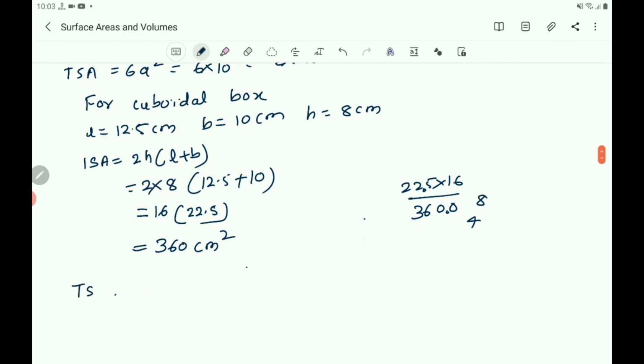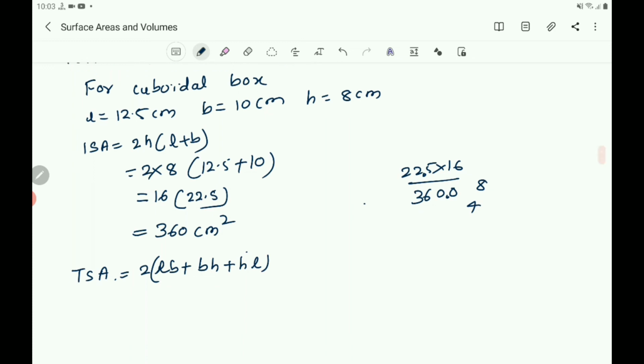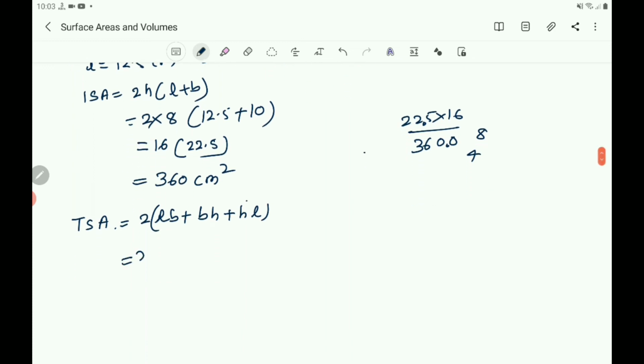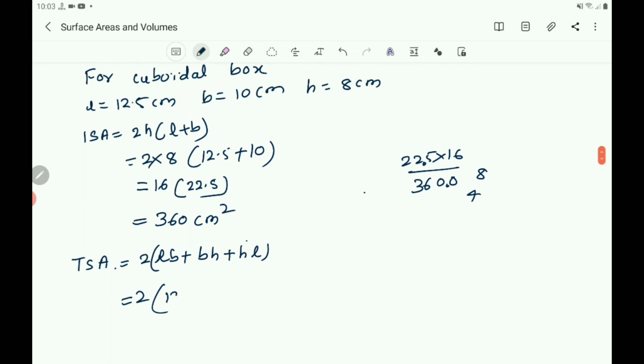Next you get the TSA. TSA of cuboid is 2 into (lb plus bh plus hl). Then you write 2 into l, l is 12.5, into b is 10, plus bh, b means 10 into 8, plus hl, hl means 8 into 12.5.